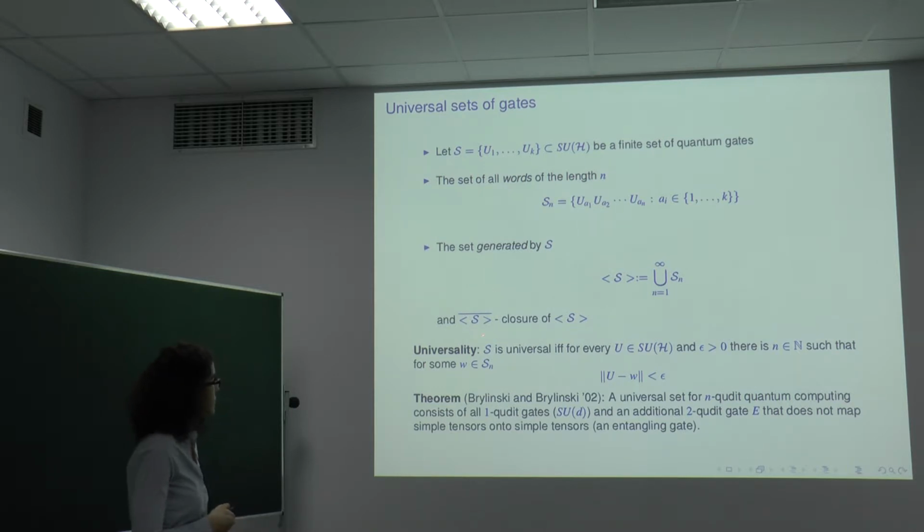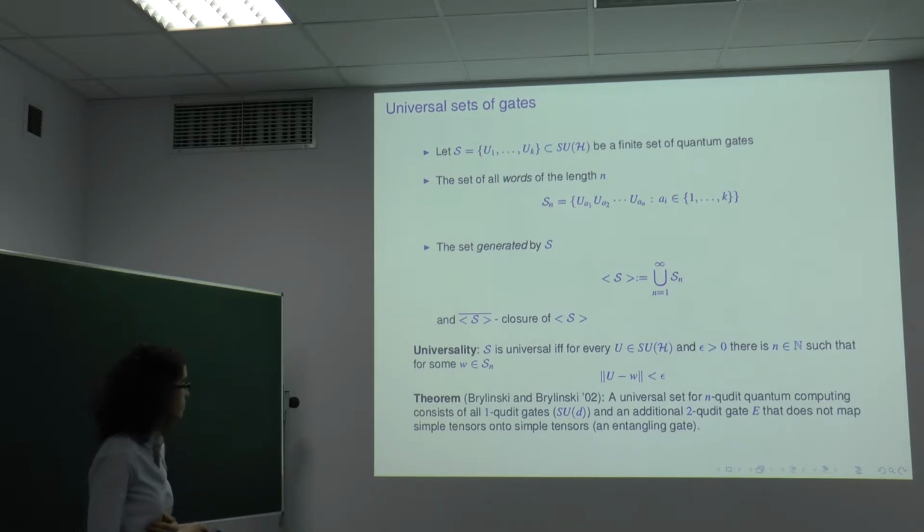So we say that our initial set S is universal if every possible unitary gate belonging to this group can be approximated by some element from the group generated by S with arbitrary accuracy. And this is exactly the answer to your question.